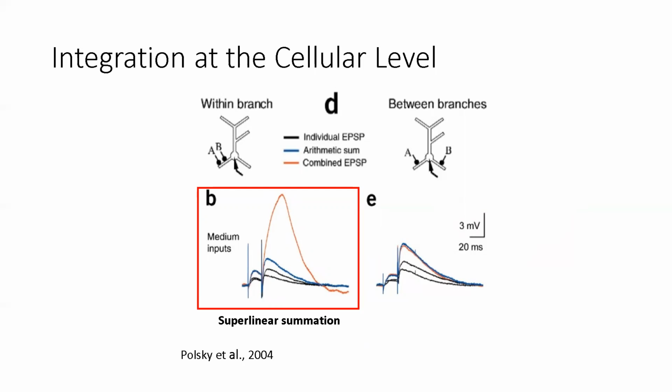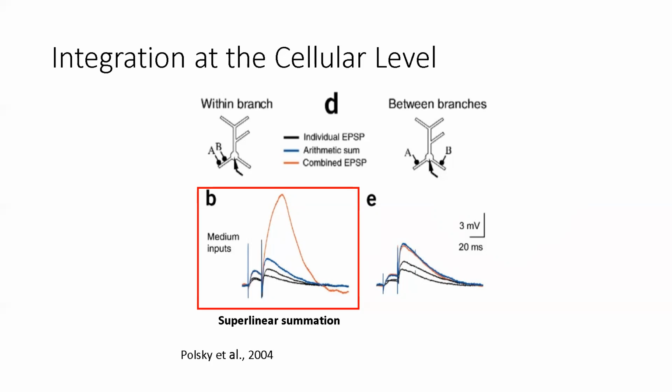But on the left, when they stimulate at 2 points on the same dendritic branch, and then they record from the cell body, they receive an output that is larger than the sum of the two combined inputs.